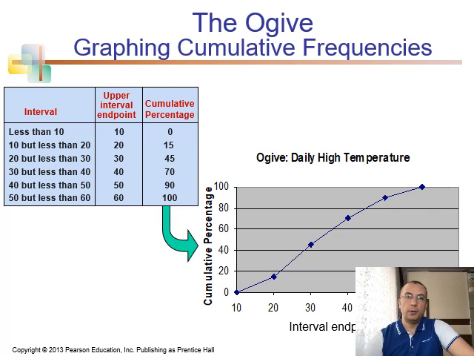For example, this is based on cumulative percentage. There's nothing less than 10, so you can start with 10 here. From 10 to 20, the cumulative percentage is 15, so this will be something like 15 here. Less than 30, the cumulative will be 45, so this should be 45 somewhere here.